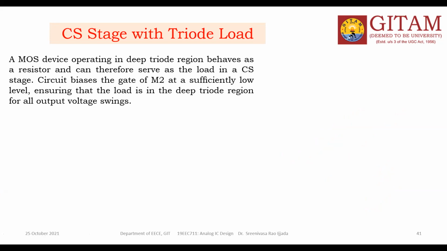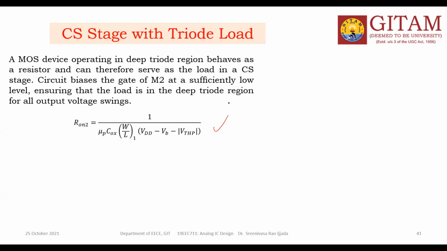We already calculated in the earlier module that whenever the device is working in the deep triode region, the resistance offered by the device is the on resistance, Ron. This is the formula for that. Here M2 is my PMOS load.